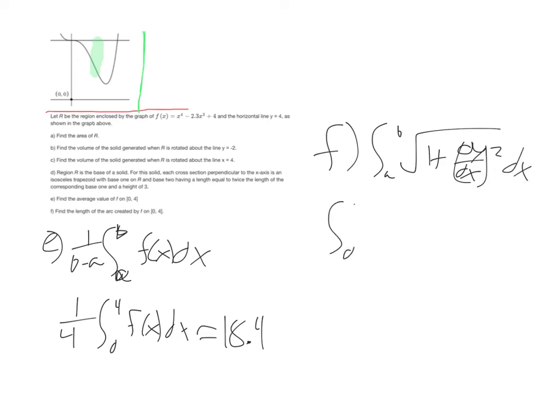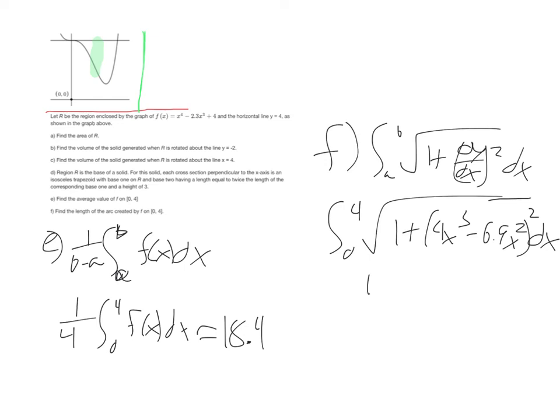From 0 to 4, 1 plus the derivative, which would be 4x cubed minus 6.9x squared, dx. Plug that into our calculator and we get 115.487, if I plug that in correctly.